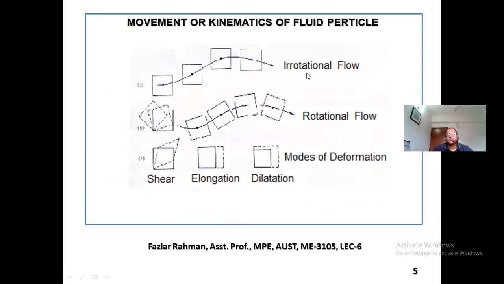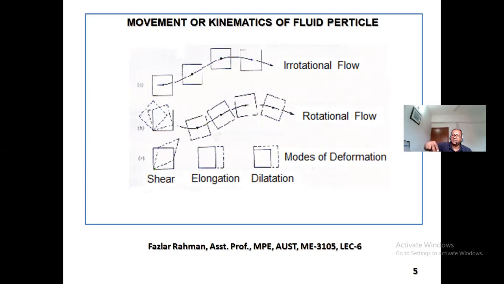This one, just one more point I added over here. This is called shear deformation. This is elongation. This is called dilatation. That means you see this like dilatation, kind of a drop, or the raindrop coming through the air. It hits the ground, then what will happen?